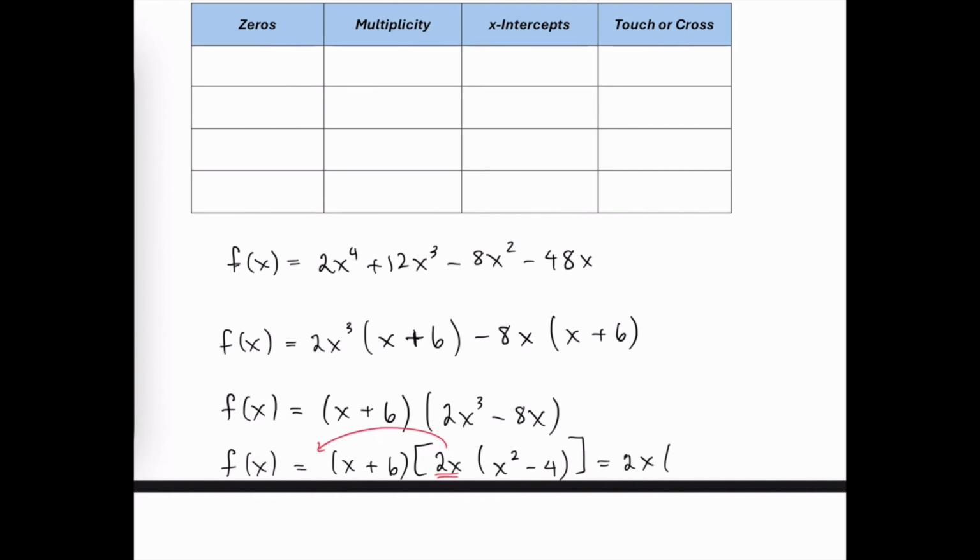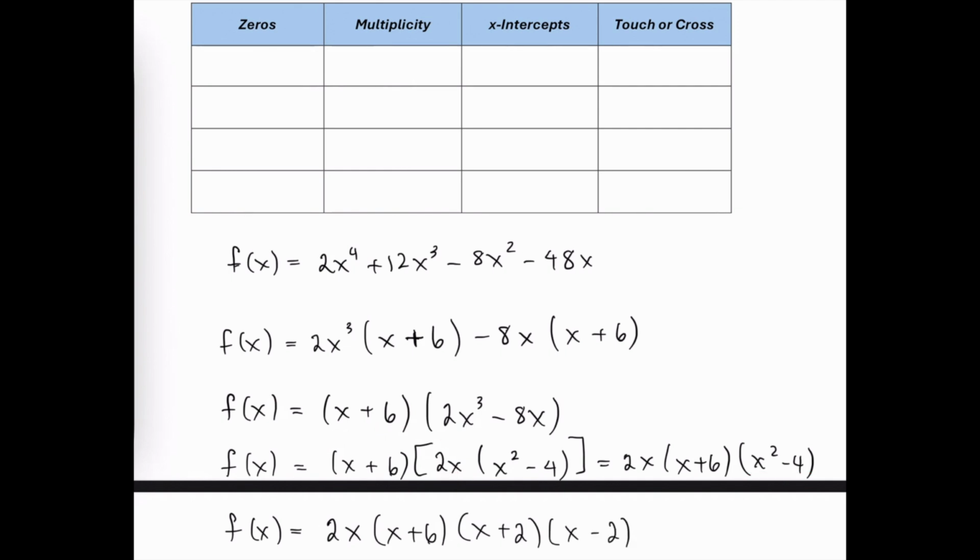So it'll be 2x times x plus 6 times x squared minus 4, which still factors more. This is the difference of squares. So our final factorization is going to be 2 times x on the front times x plus 6 times x squared minus 4 factors into x plus 2 times x minus 2. And now this polynomial has been completely factored.